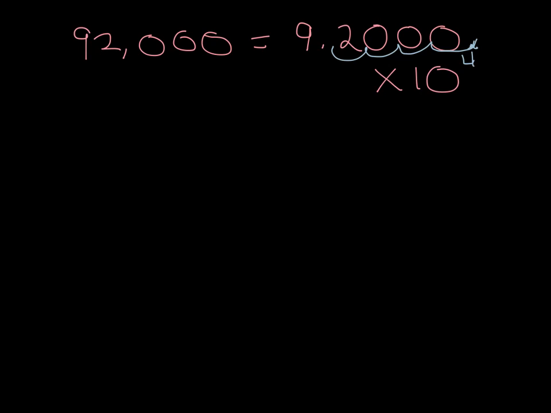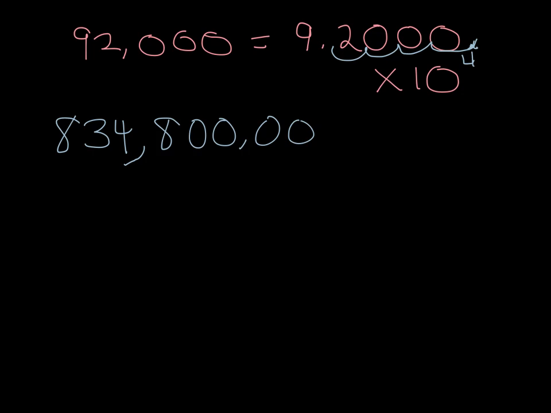All right, let's do another one for a large number. If we had 834,800,000, the first thing that we would do is move our decimal point to the right of the leftmost digit. So let's rewrite the number as 8.348, and we don't need all those extra zeros.